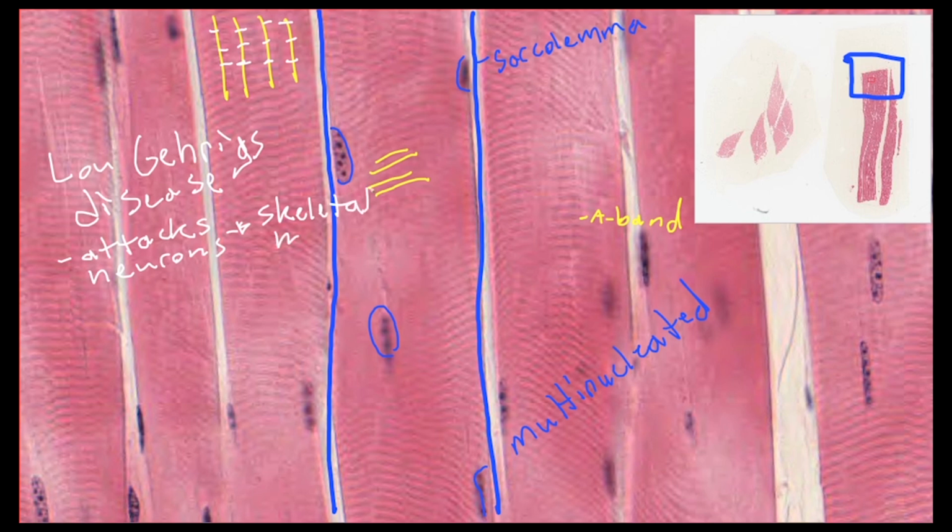And because muscle is one of those things that if you don't use it, you lose it, skeletal muscle, once you stop activating it, starts to atrophy, and the muscle cells start to die. Then once these muscles atrophy, you start losing control of swallowing and speaking and eventually breathing, and that's why Lou Gehrig's is a pretty fatal disease.